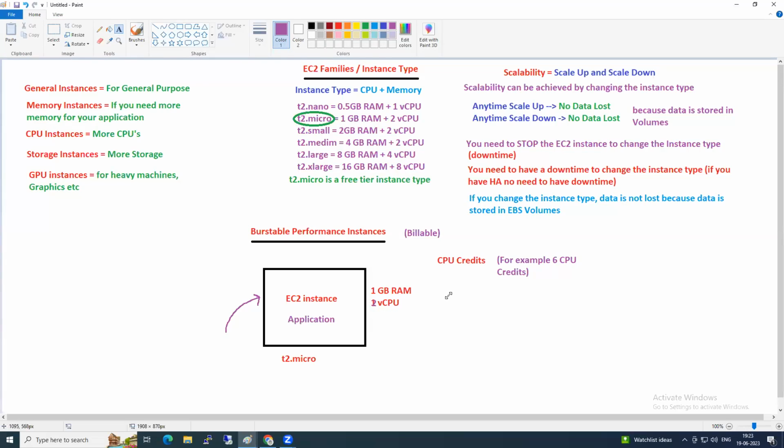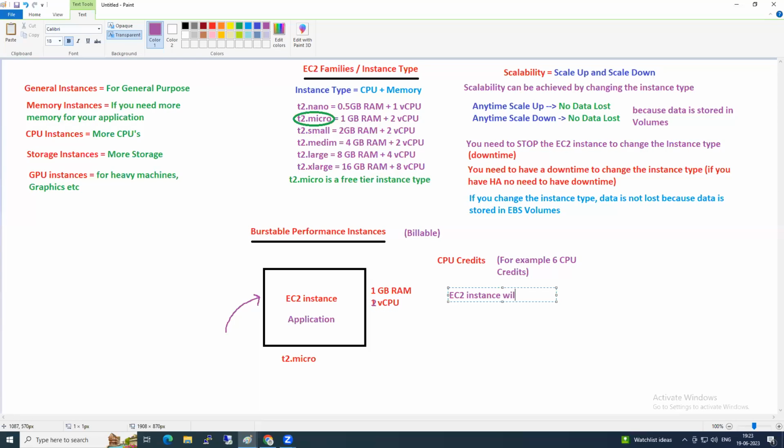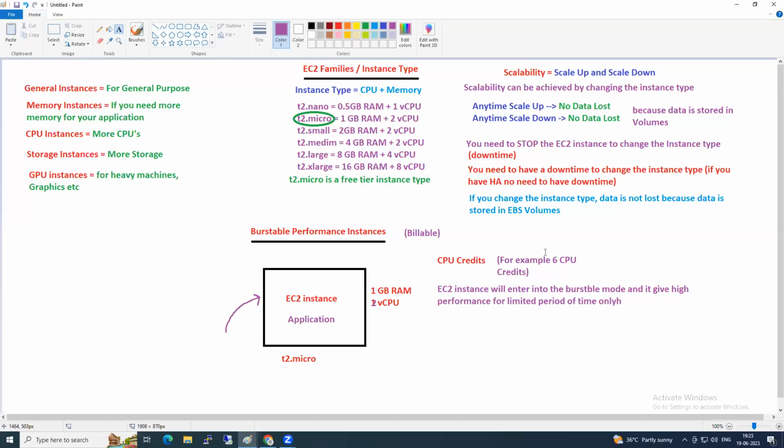So can I say that an EC2 instance will enter into burstable mode, and it gives high performance for a limited period of time only? Got this? This is called CPU credits. This is billable, guys, but we don't touch it.